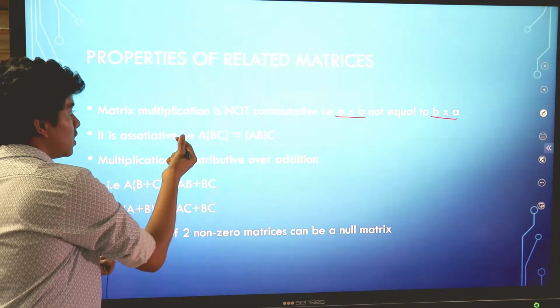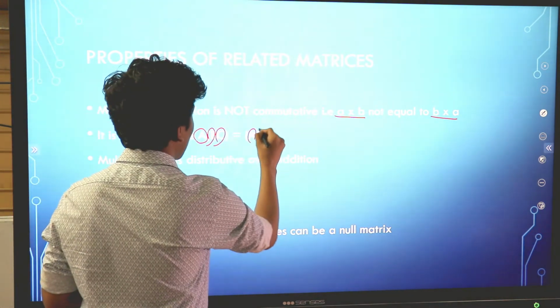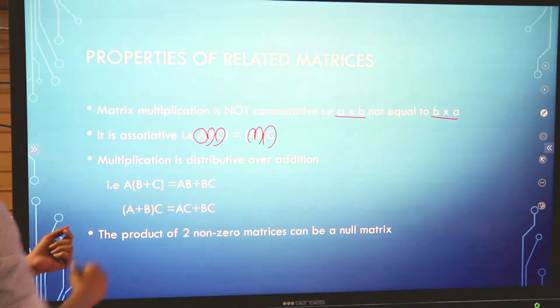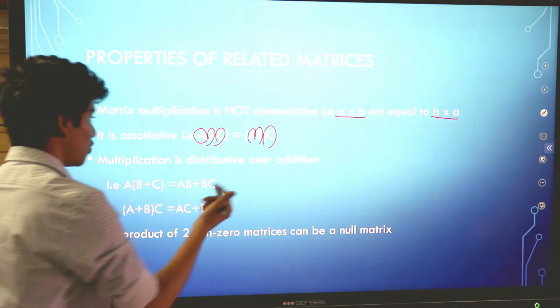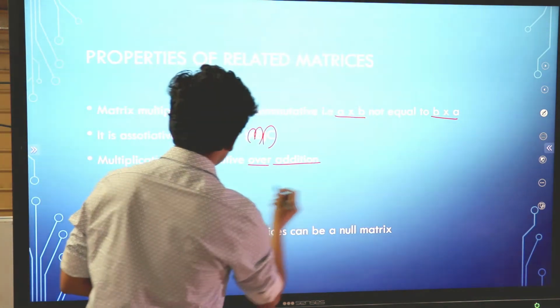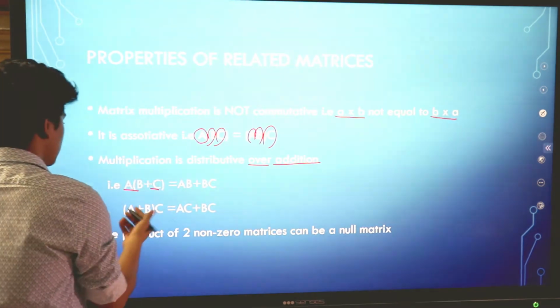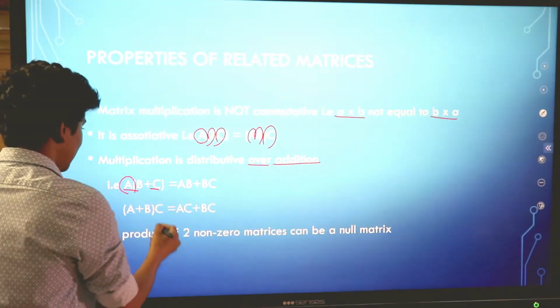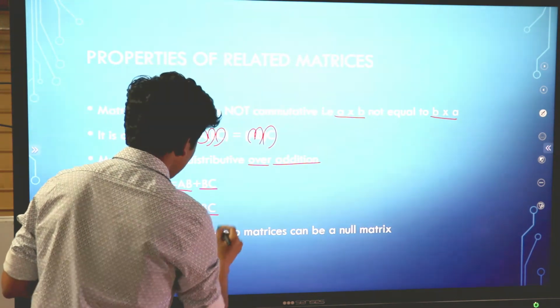The numbers which you are multiplying, it does not matter how you group them together. Multiplication is distributive over addition. Over addition means when you are adding them in such sets, like A into B plus C, which just shows that I have taken A as the common part here. That is possible.